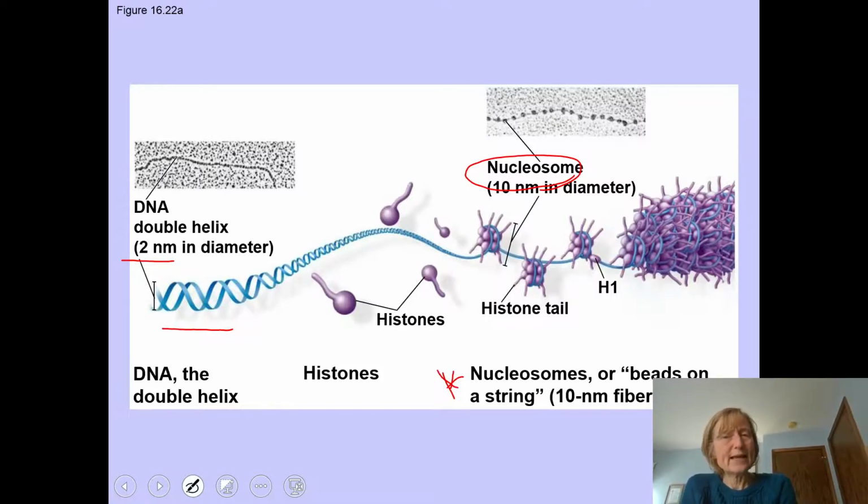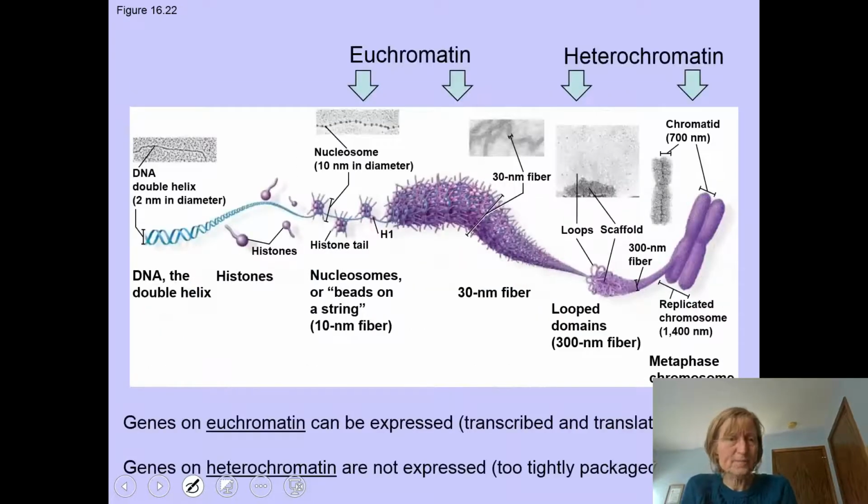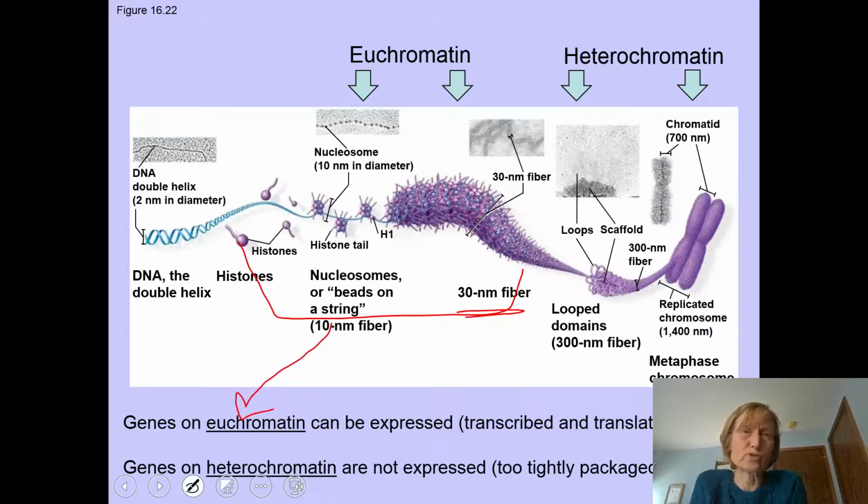And then the DNA gets more tightly packaged into 30 nanometer fibers. So these histones and the DNA get kind of wound up into bigger fibers. All of this material we call euchromatin, or true chromatin, because the way that DNA is packaged as a nucleosome or as a 30 nanometer fiber allows for DNA to be transcribed and translated into proteins.